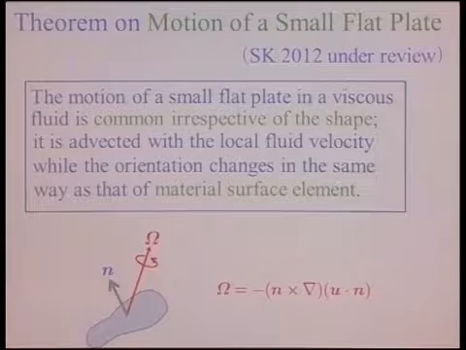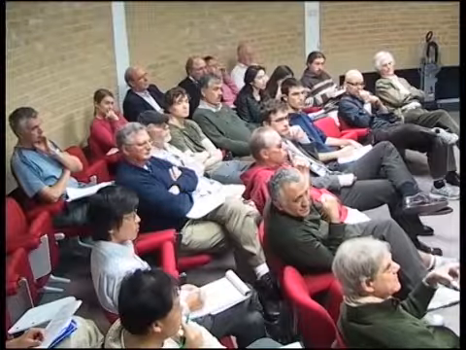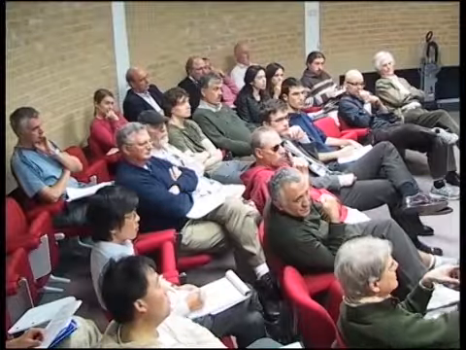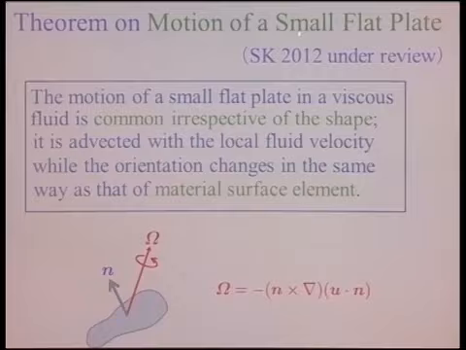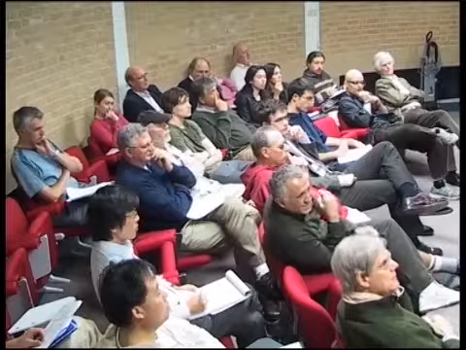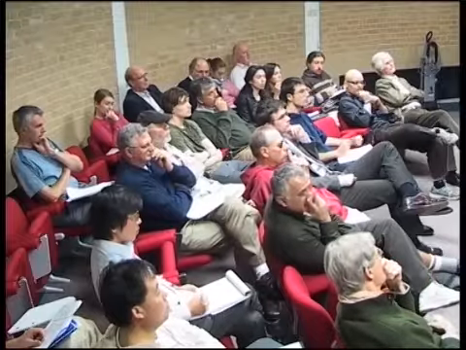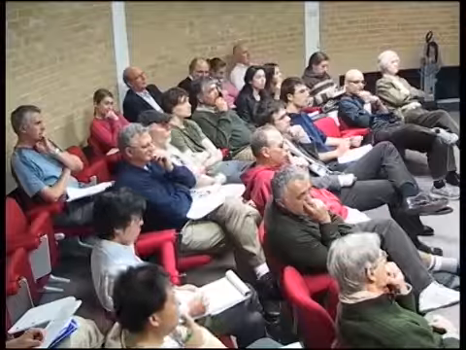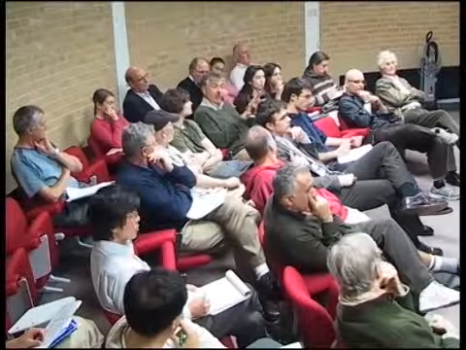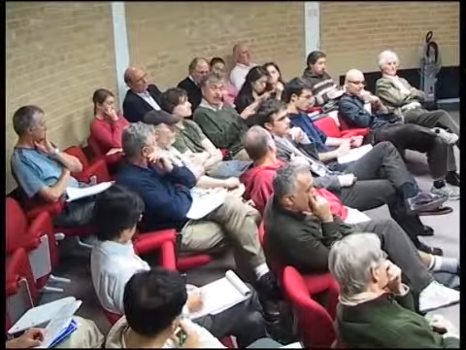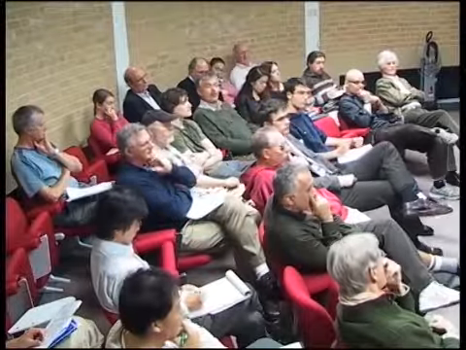A material surface element is infinitesimal, but the plate has... Here we assume small, meaning nearly infinitesimal. So the statement is that you make the surface element rigid, and it does not affect the evolution of the orientation.